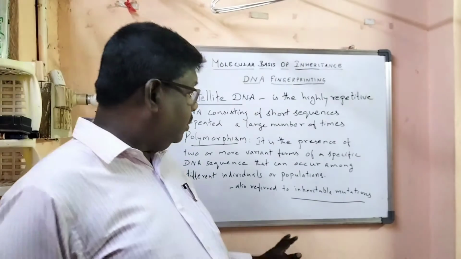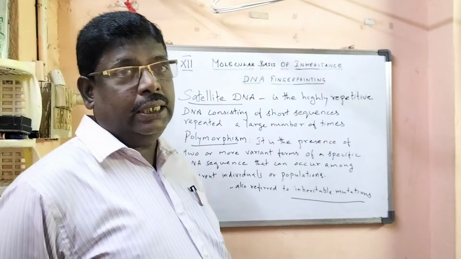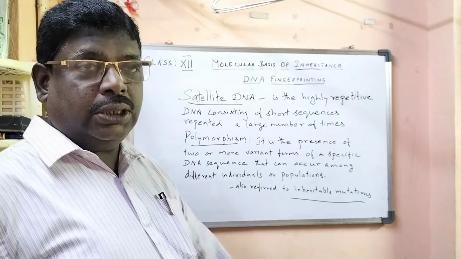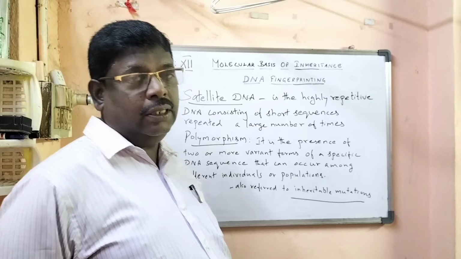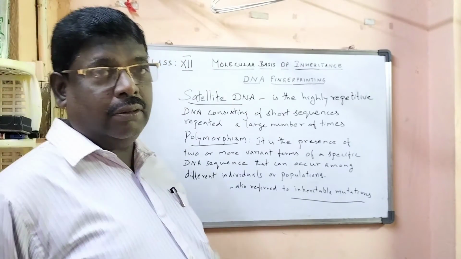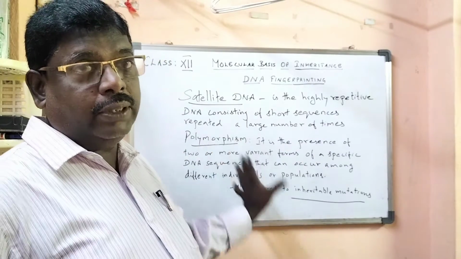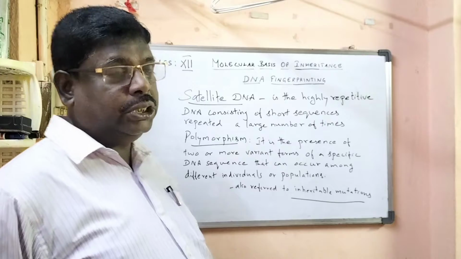In simple terms, it is also known as inheritable mutations in a population. Mutations are sudden heritable changes, so they are transferred from parents to children and likewise. In short, polymorphism is said to be inheritable mutations.